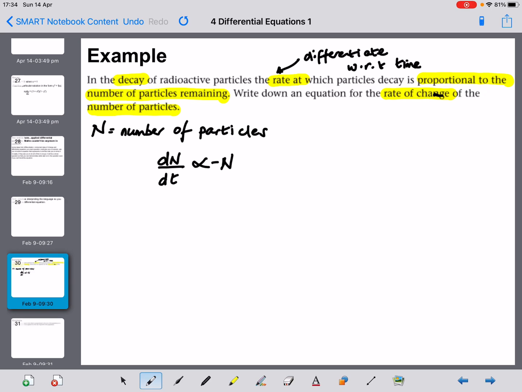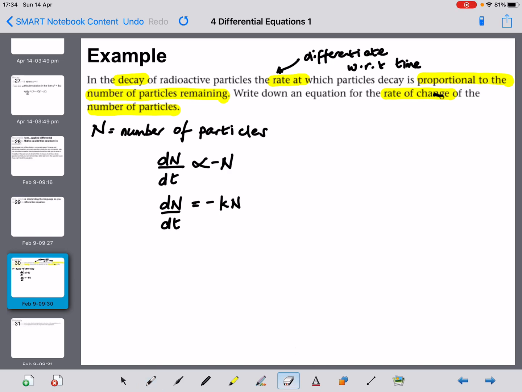To get that into an equation form, you can remember from your GCSE, we just need to put an equal sign and then introduce the constant of proportionality, which is usually a k. So I'm going to use a k. It doesn't have to be a k, but you will probably have used a k at GCSE.